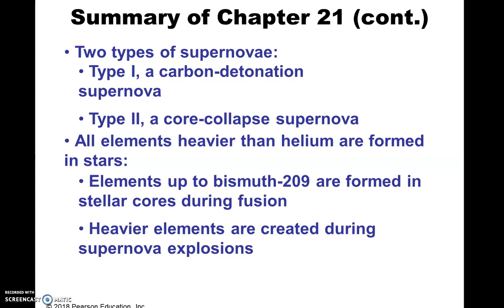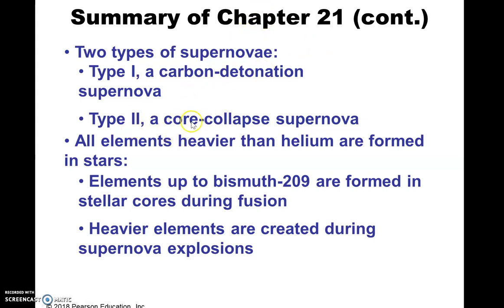Some neutron stars can actually form what we call black holes, which we'll talk about in great detail in the next chapter. Anyhow, those stars explode, and these carbon detonation supernovae can explode, or do explode, and you can form heavier and heavier elements, and that material goes out into the universe.